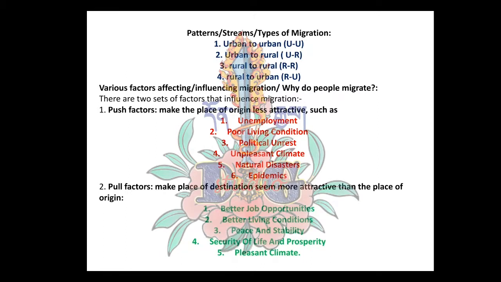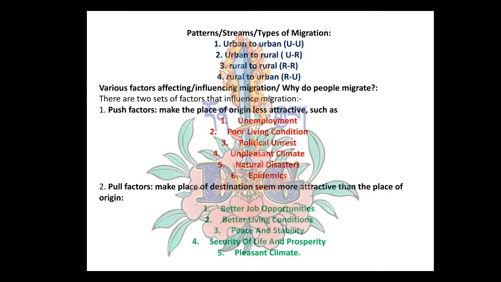If it has more undesirable conditions such as unemployment problems, poor living conditions, political unrest, unpleasant climate, natural disasters and epidemics. So people want to leave that particular place and they want to move to an area which has more attractive features. That is called pull factor.